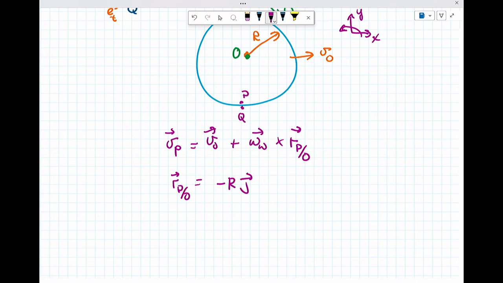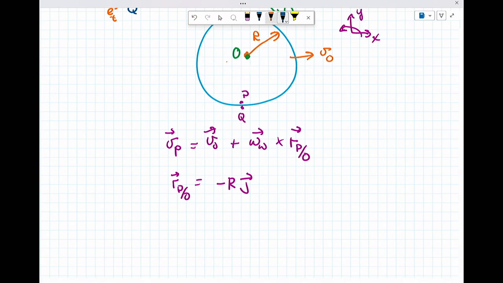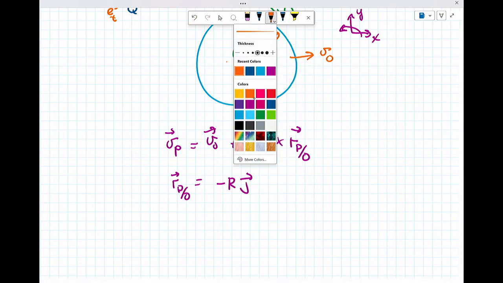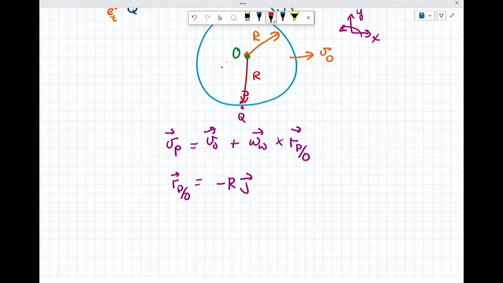So from O, down to point P, I will have a negative distance.